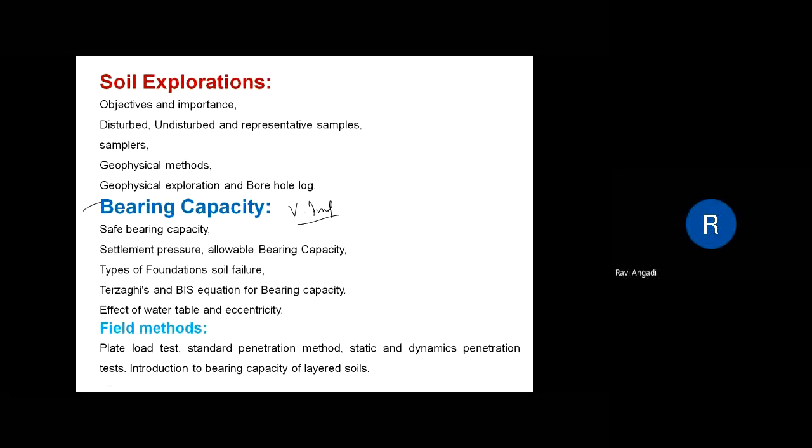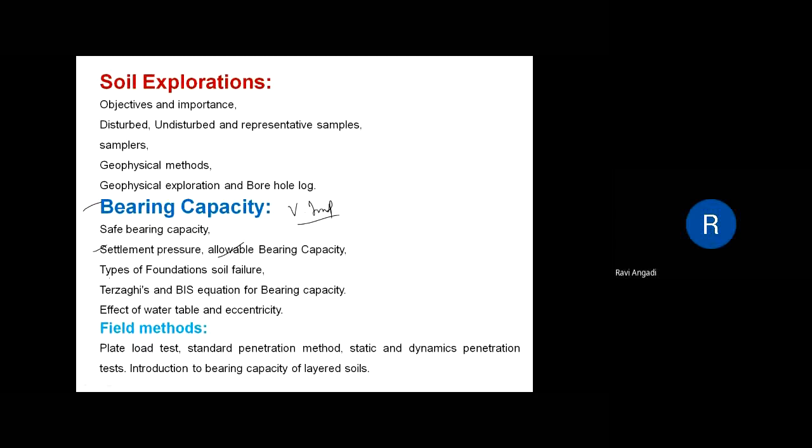To calculate it, I need to collect a sample from the site, then those samples are tested in the lab, and finally we get the SBC of the soil at that particular site. Then we get the settlement pressure, the allowable bearing capacity, and the types of foundation soil failure, how the foundation soil fails. That also we are going to discuss.